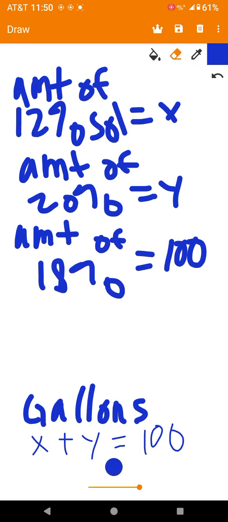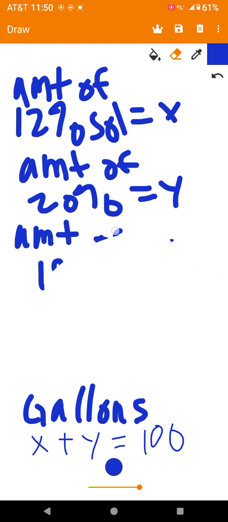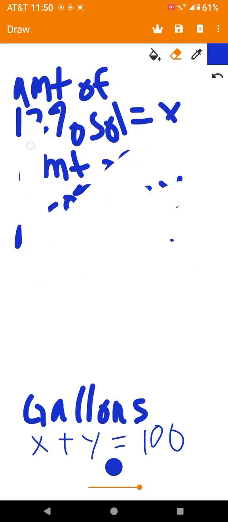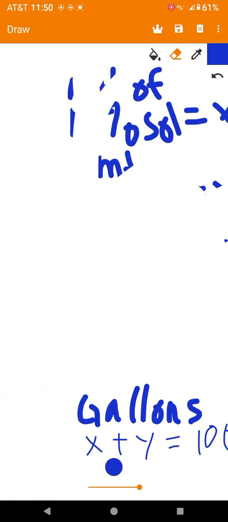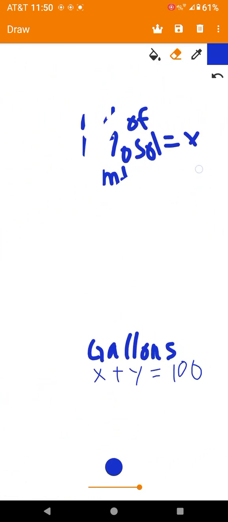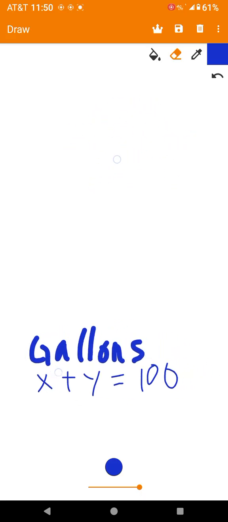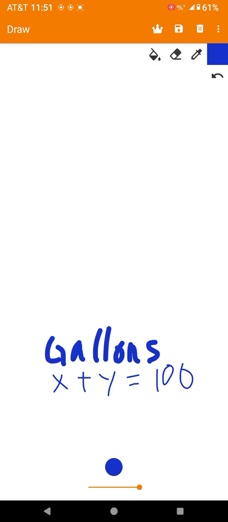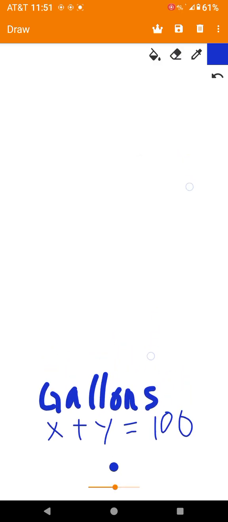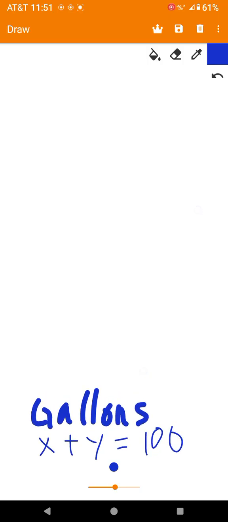So we can erase all this. Alright. So now our other equation is going to be the percent of acid.